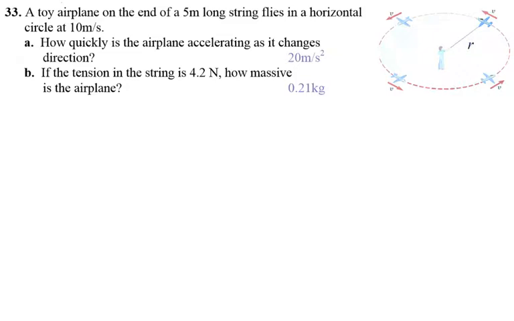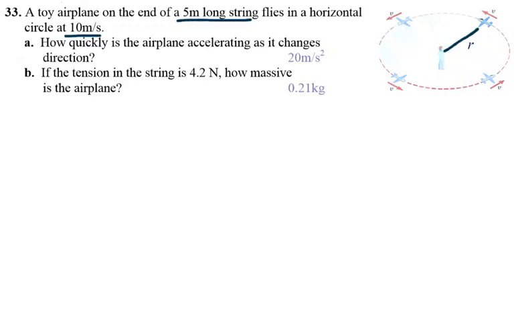Here's one more question. It's not a vertical circle, it's a horizontal circle. A toy plane on a string that is 5 meters long. So this is your radius, 5 meters. In a circle with a velocity of 10 meters per second, how quickly is the airplane accelerating as it changes its direction?